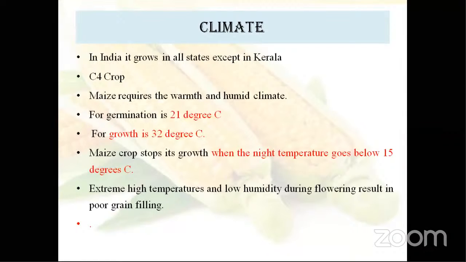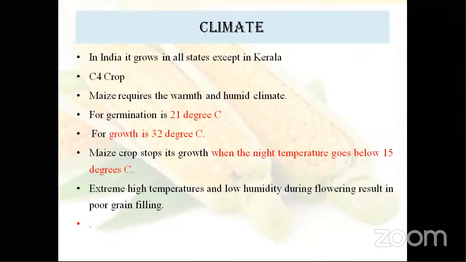Then tell me, what about cardinal temperatures? Minimum, optimum, maximum. These three together are called the cardinal temperatures for that crop. And the maize crop stops its growth when the night temperature goes below 15 degrees Celsius.